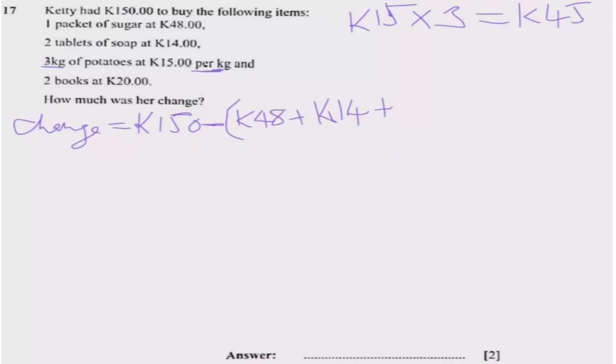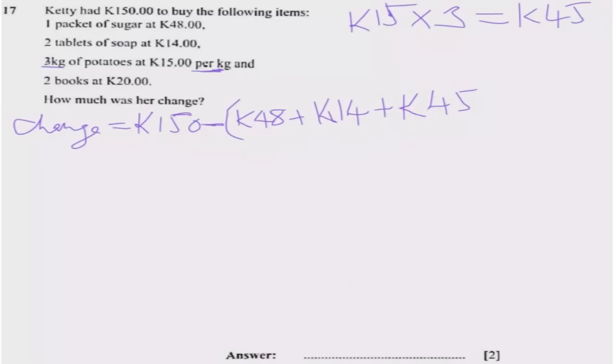One of the qualities that you need to have as you go into this exam is that your mental arithmetic should be good. So now we are going to write 45 kwacha. Then 2 books at 20 kwacha. That means if 2 books cost 20 kwacha, 1 book is 10 kwacha.